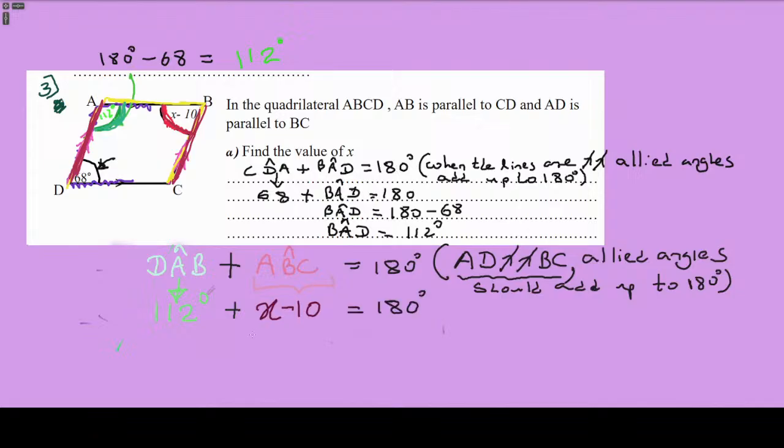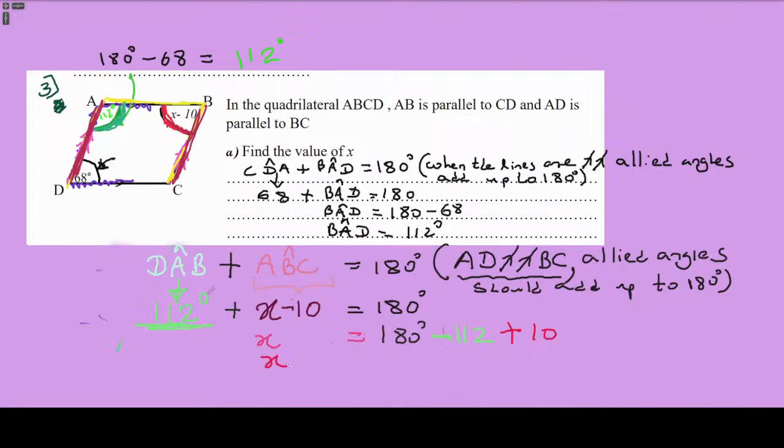So let's isolate X now. How to find X's value? X is equal to 180. Let's ask the plus 112 to go to the other side. This plus 112, the green one, goes to the other side, and then it becomes minus 112. Then we'll ask this red minus 10 to go to the other side. It becomes plus 10, addition 10.